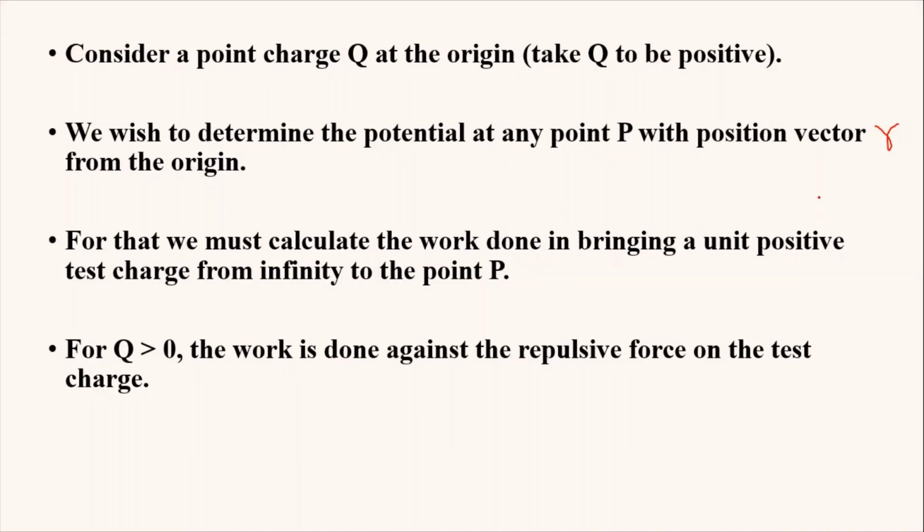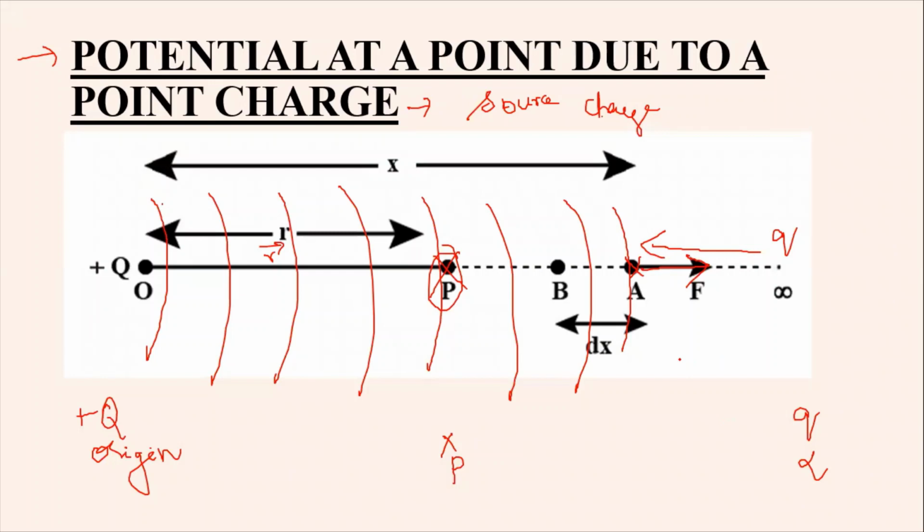For this, we must calculate the work done to bring the unit positive charge from infinity to the point P. As Q is greater than 0, that is Q is positive, work will be done against the repulsive force that this test charge is experiencing.